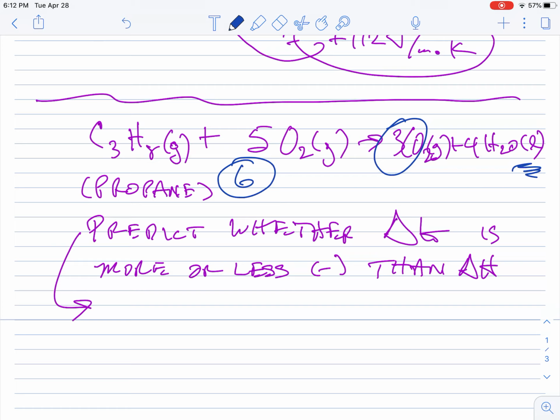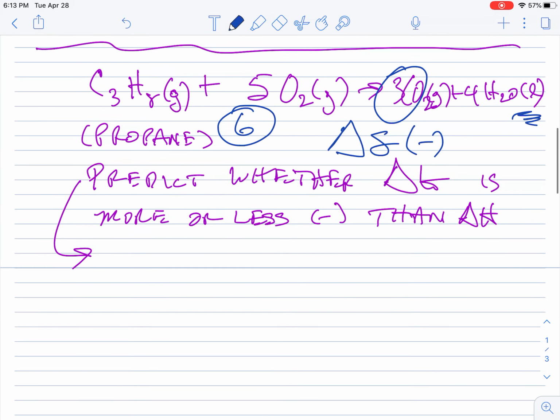So since I'm going from 6 to 3, I've got to figure that my delta S value, once I go through and calculate that, is going to be a negative number because I'm going from 6 moles down to 3. So in this situation, you don't actually have to do the calculation if you can just look and see what's happening. You look at delta G equaling delta H minus T delta S. There are a couple of things that are important.